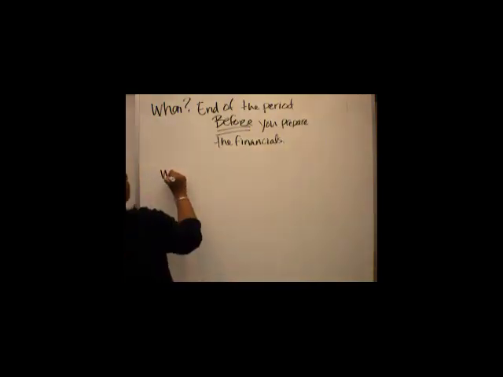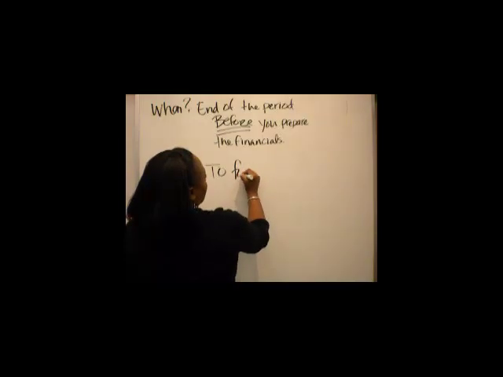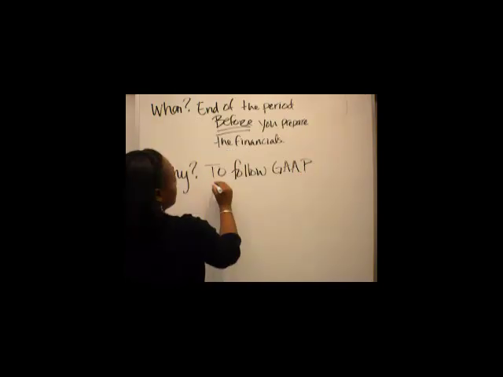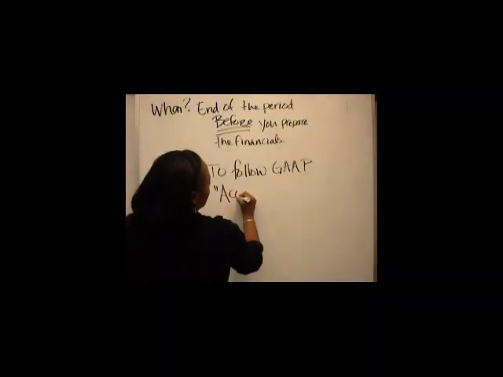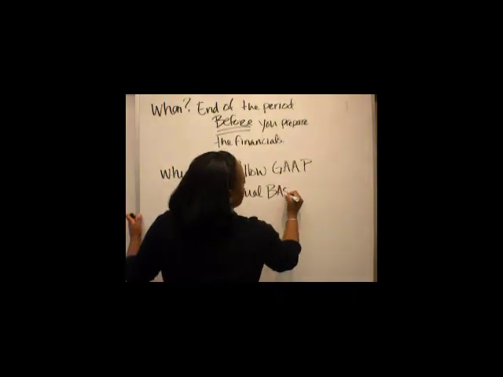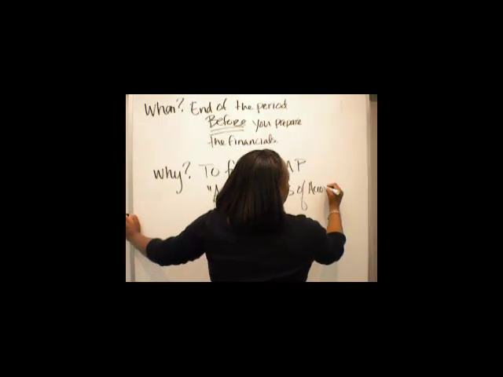And then the next big question is why? Well, you want to follow the rules. So you want to follow GAAP, generally accepted accounting principles, to make sure that your statements are in accordance with the accrual basis of accounting.